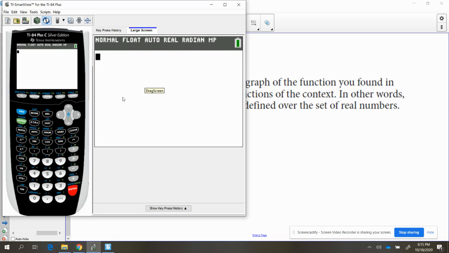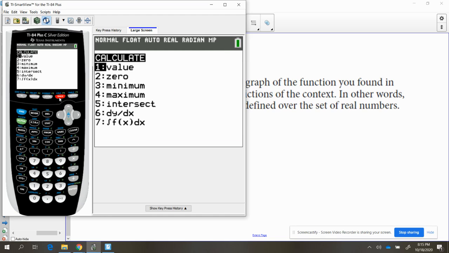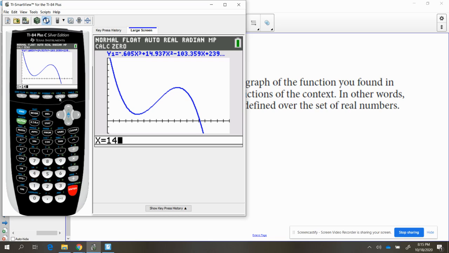Oops, did not take true left bound on that one. So if we calculate the 0, left bound 14, right bound we'll go 17, and then our guess is somewhere in between there. And we see that about 15.1 would be our 0.